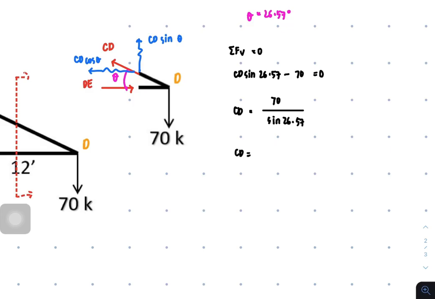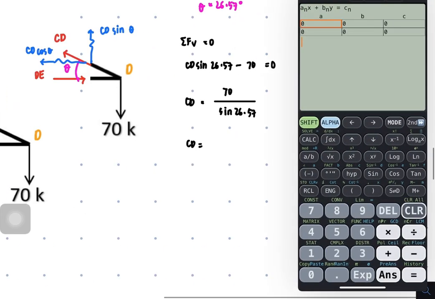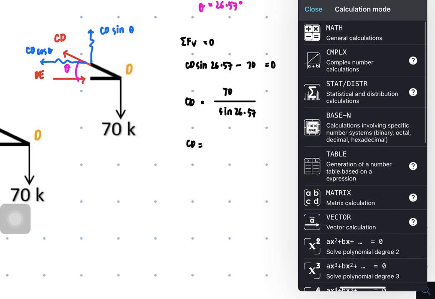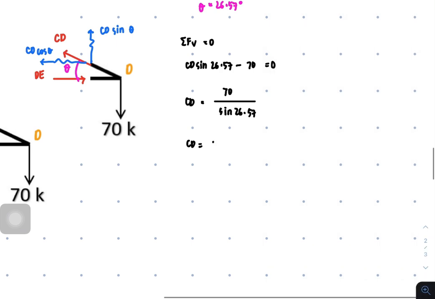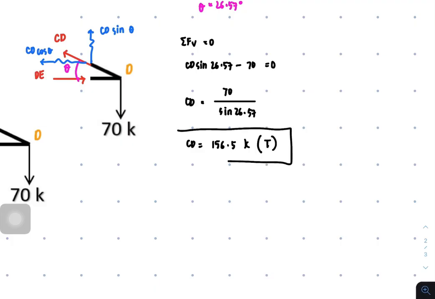So CD now is, let's use our calculator. Let's go back to the mode math, and this is 70 over sine of 26.57. It's 156.5 kips, and our assumption as tension is correct because our value is positive.